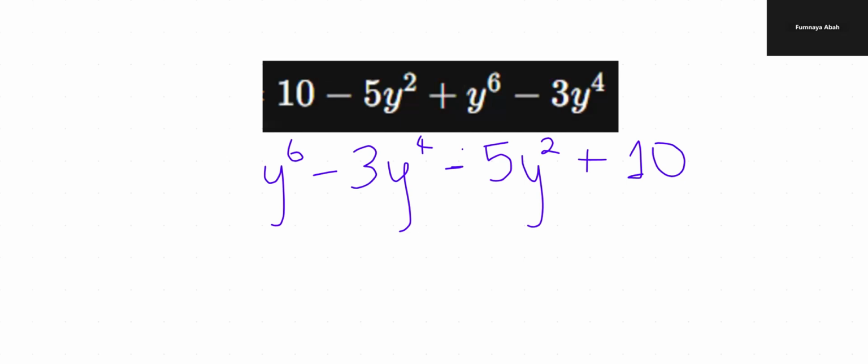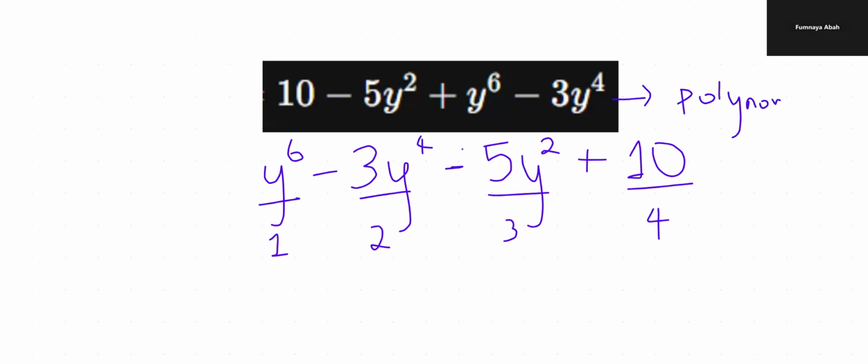Now that we've rewritten this, let's count the number of terms in this expression. We have 1, 2, 3, and 4 terms. Since we have 4 terms, this is a polynomial. Now let's go ahead and find the degrees of each term.